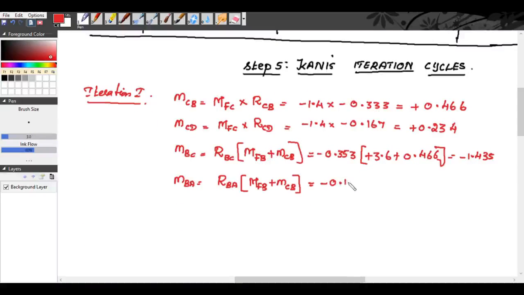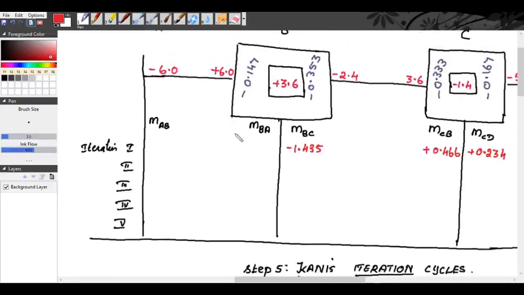Minus 0.147 multiplied by plus 3.6 plus 0.466, we get minus 0.598. So first cycle is over, minus 0.598.